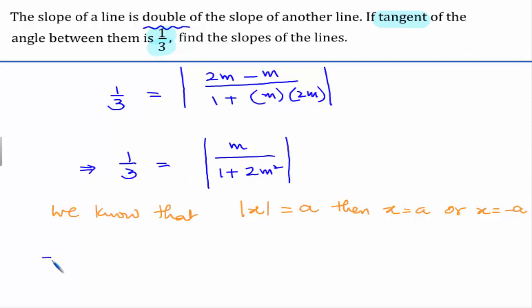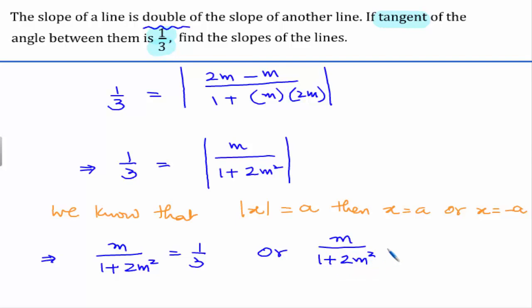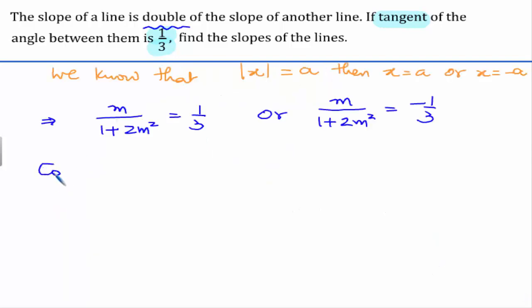What will we get here? m/(1 + 2m^2) is 1/3, or m/(1 + 2m^2) is -1/3. Now let us consider one of the two equations, that is m/(1 + 2m^2) is equal to 1/3.